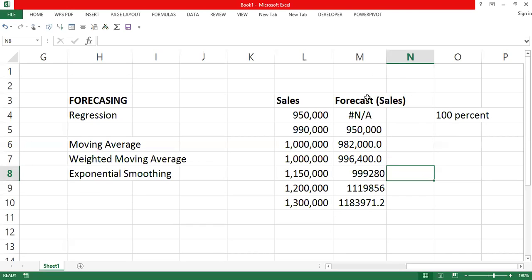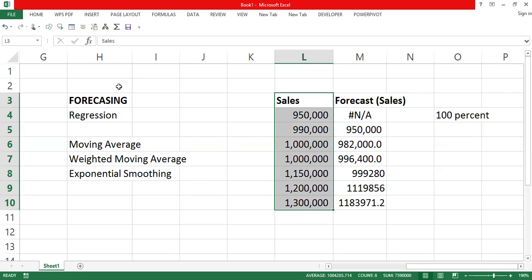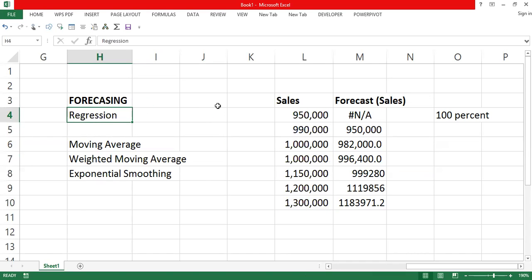Which means we're dealing with one variable, which is sales in this case. Or in the case of regression, you are dealing with multiple variables.